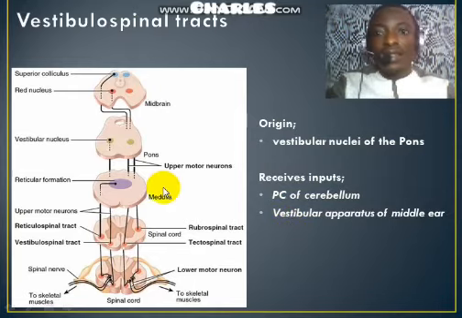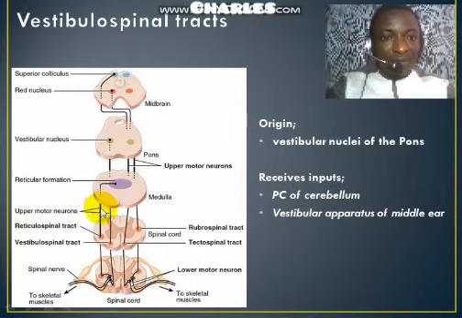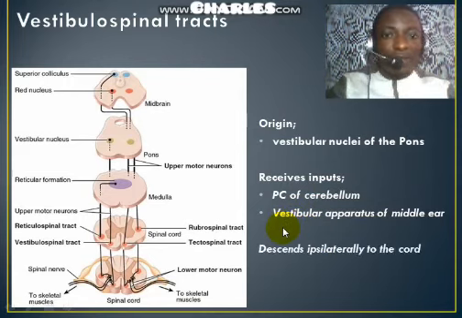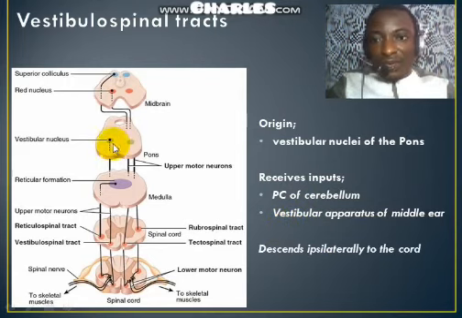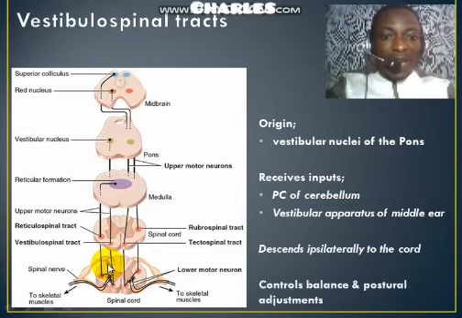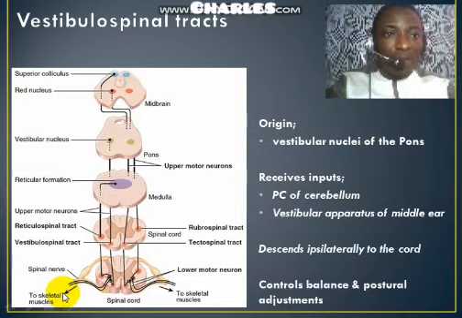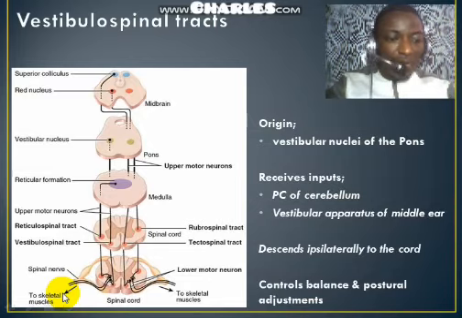But for now, this tract receives inputs majorly from the Purkinje cells and the vestibular apparatus of the middle ear. It descends ipsilaterally on the same side of the cord, and then terminates at the skeletal muscle, and its main function is to control balance and postural adjustments. Fantastic.